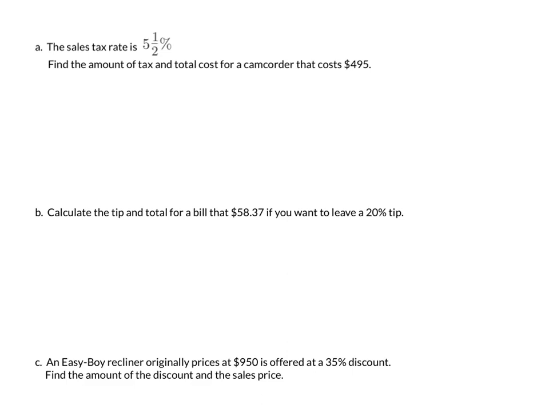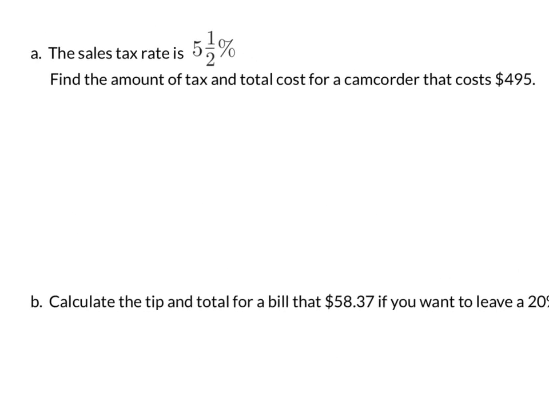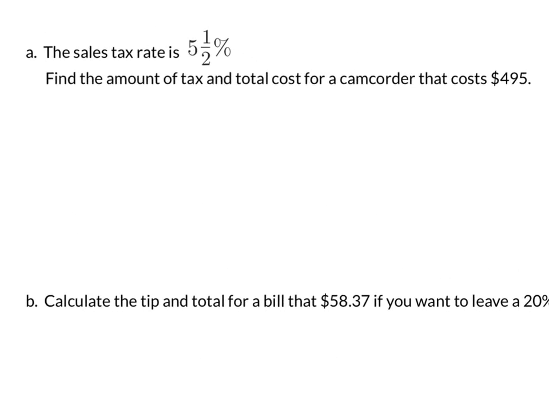Example A, we have the sales tax rate is 5.5%. We want to know the amount of the tax and total cost for a camcorder that costs $495. So I'm going to start by finding my amount of the tax, and I'm going to use my percent proportion.